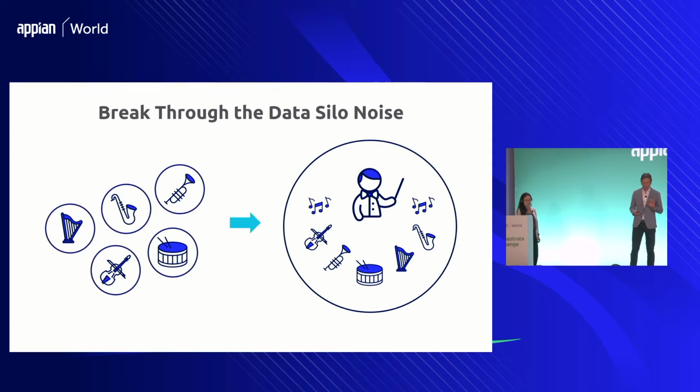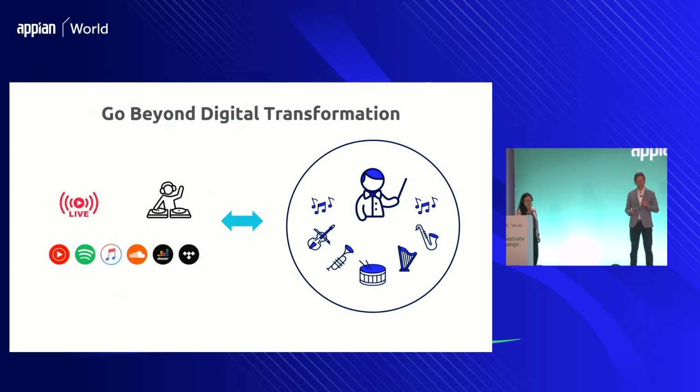And actually, it's not just about your legacy, right? If you think about the music industry, nowadays it's also about Deezer, Spotify, Apple Music. There are DJs that cut and paste music and create new music.